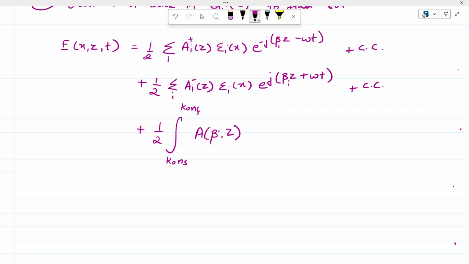So the amplitude will depend on the beta value. The beta value changes between k naught ns and k naught nf that we just discussed. Amplitude will depend on the beta value and also on the z value, and then the mode profile will depend on the beta and the x coordinate, and then there will be some propagating term to it also.